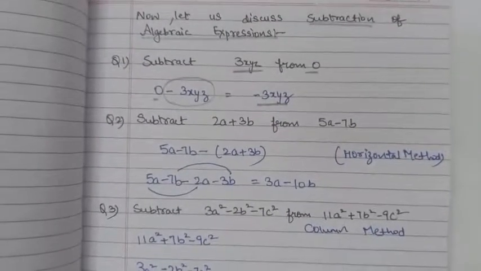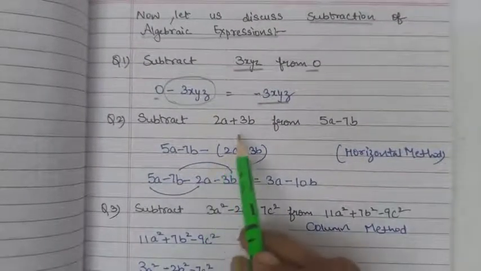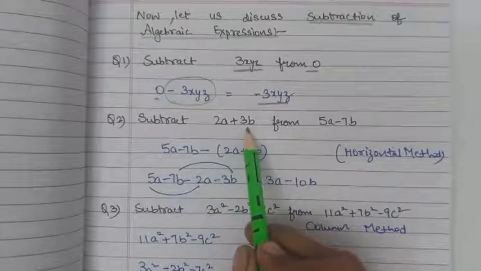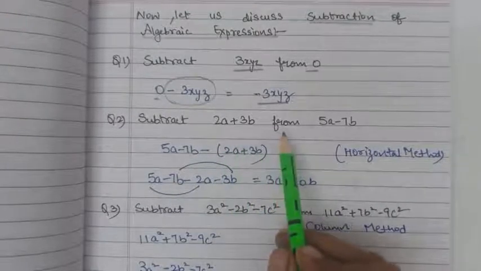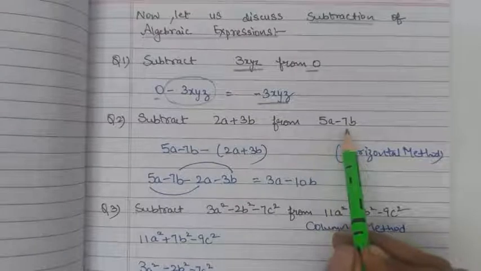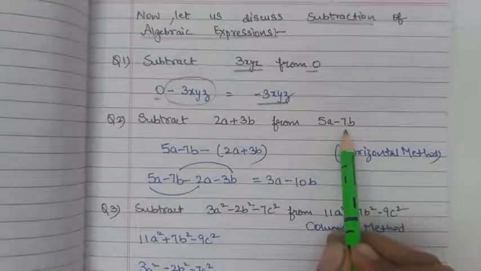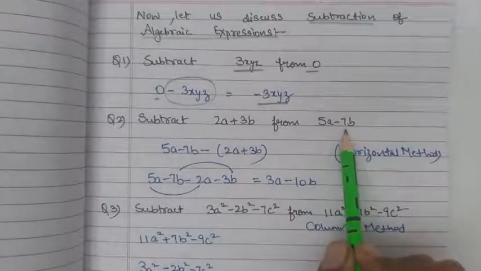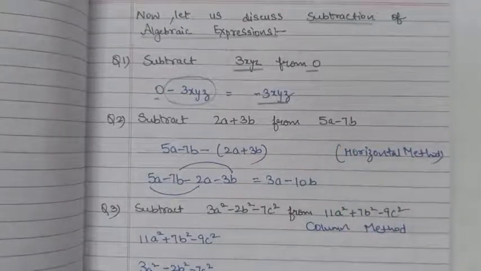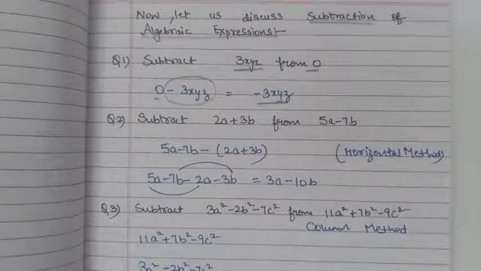Here we have to subtract 2a plus 3b from 5a minus 7b. Now listen, we have discussed that we can add like terms only.